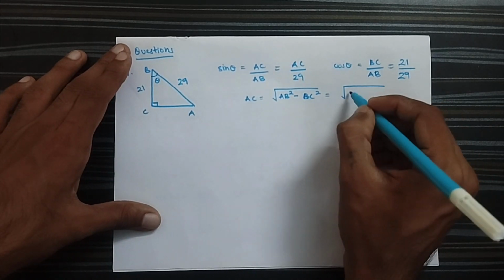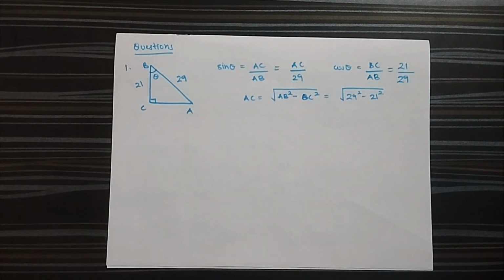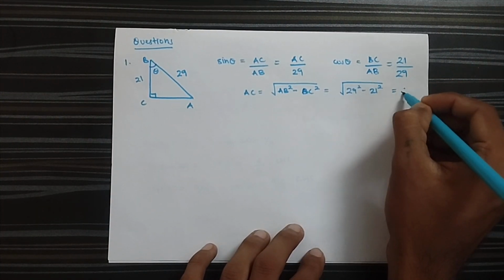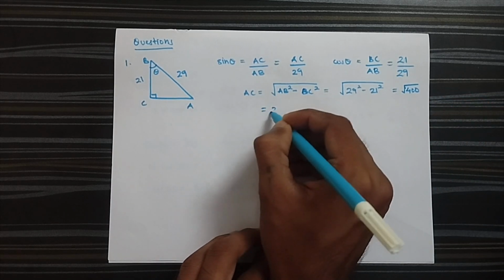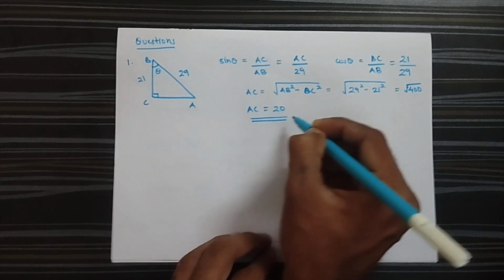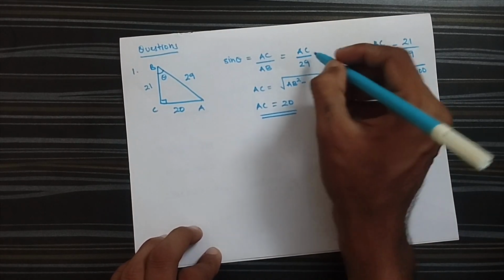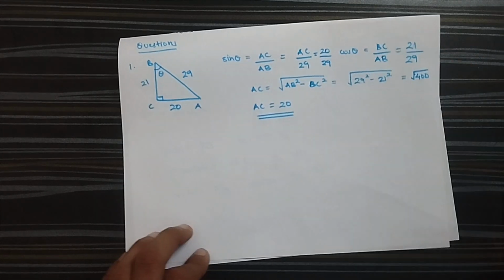So root of 29 square minus 21 square, it would mean root 400, which would equal 20. So AC would be 20 units. So we can write that here, and applying this here, we get 20 by 29.